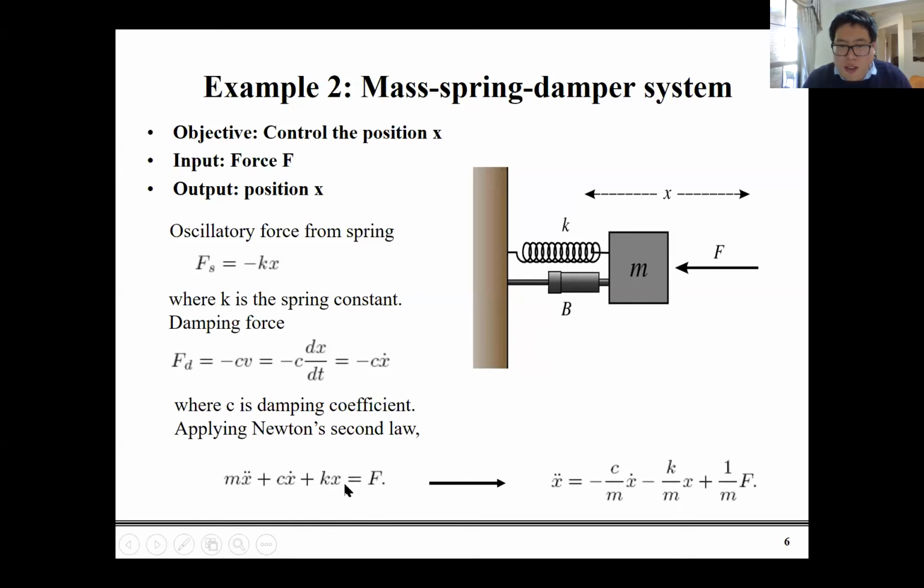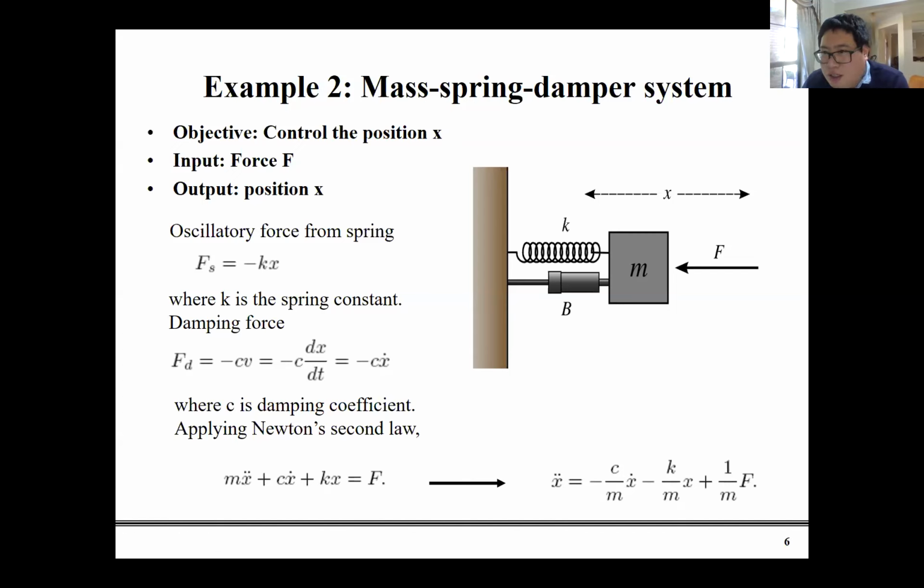So here we use x dot and x double dot. If x is the position, then what is x dot? The x dot is the velocity, right? The first order derivative of the position with respect to time is velocity. And what is x double dot here?